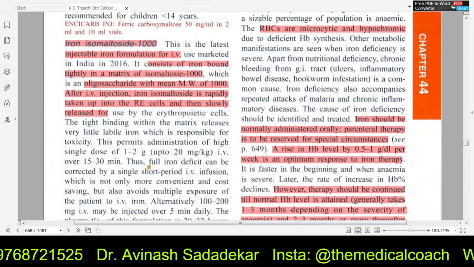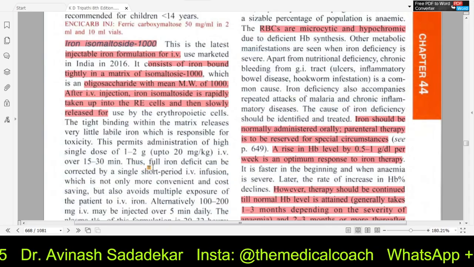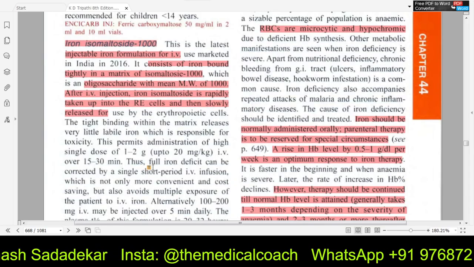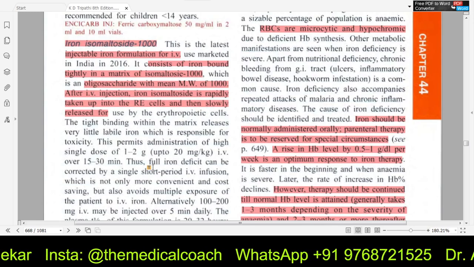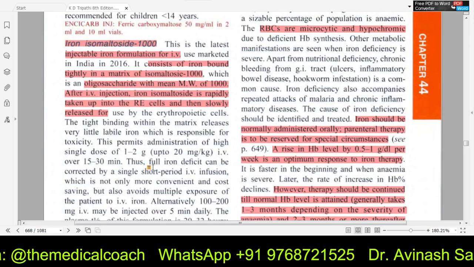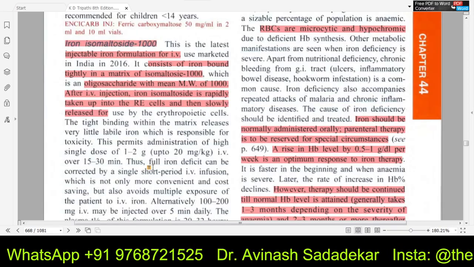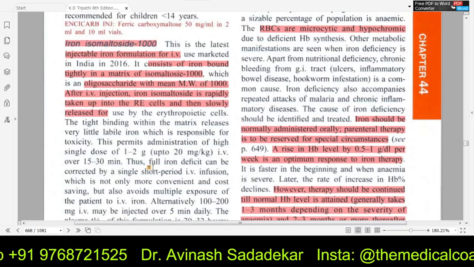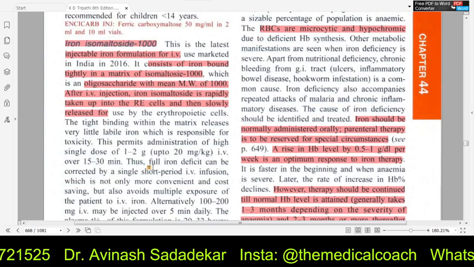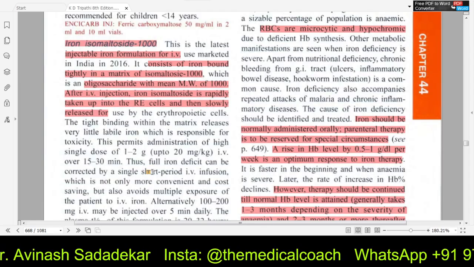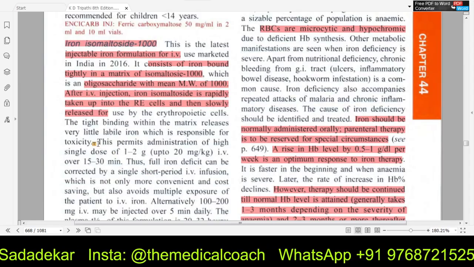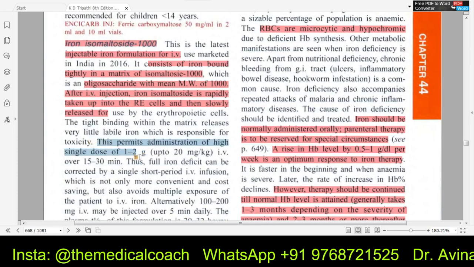Now, because this iron is bound, there's tight binding within the matrix of this medicine, that iron is not so easily available for causing toxicities, and that's the reason why toxicity is less, and you can give higher doses also.